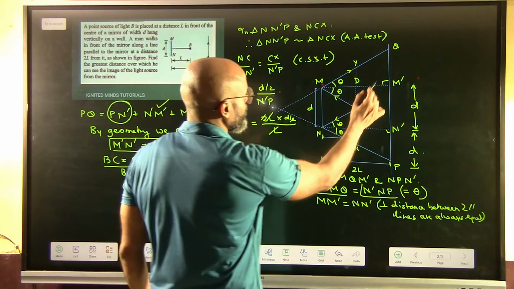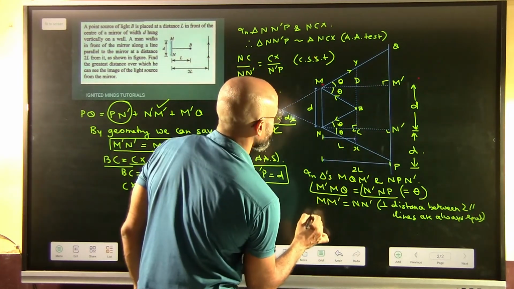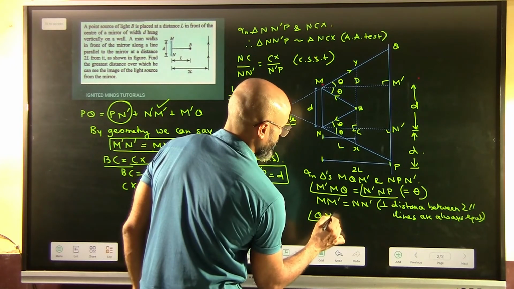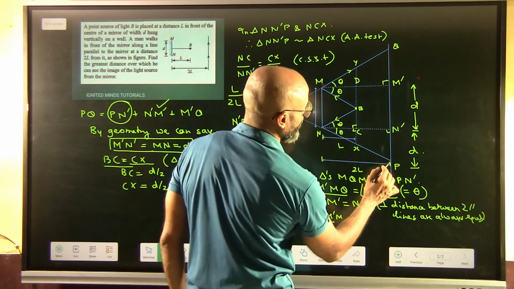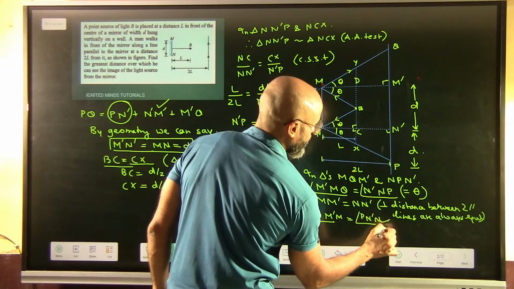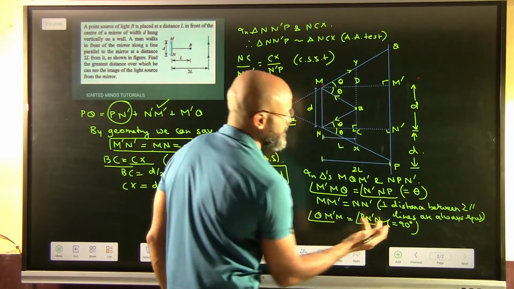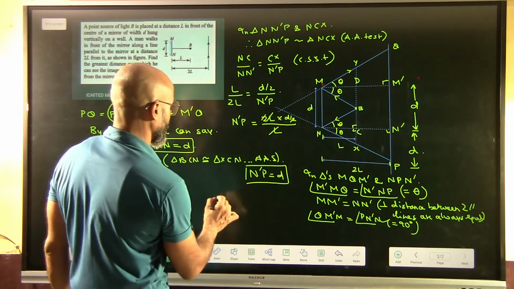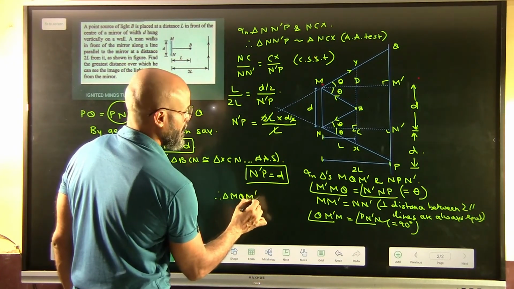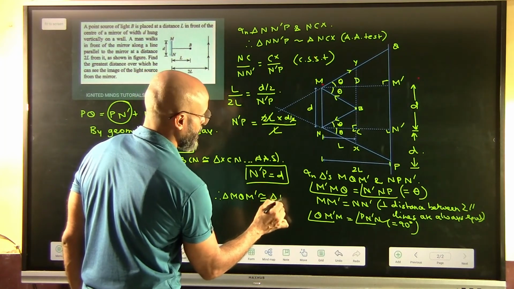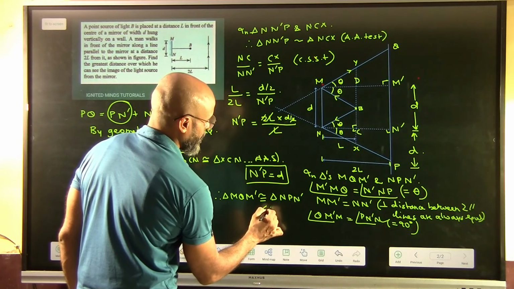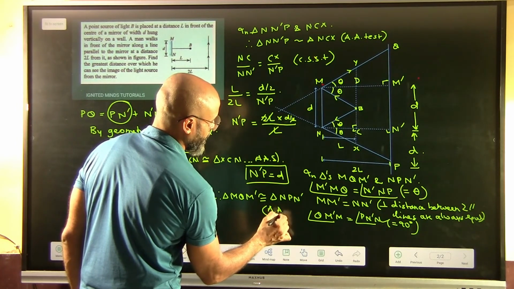Okay, what else do we have? Obviously angle QM dash M will be equal to PN dash N, and that is equal to 90 degrees. We can all see this. So therefore these two triangles will be congruent. Triangle MQM dash will be congruent to triangle NPN dash by AAS, again angle side.